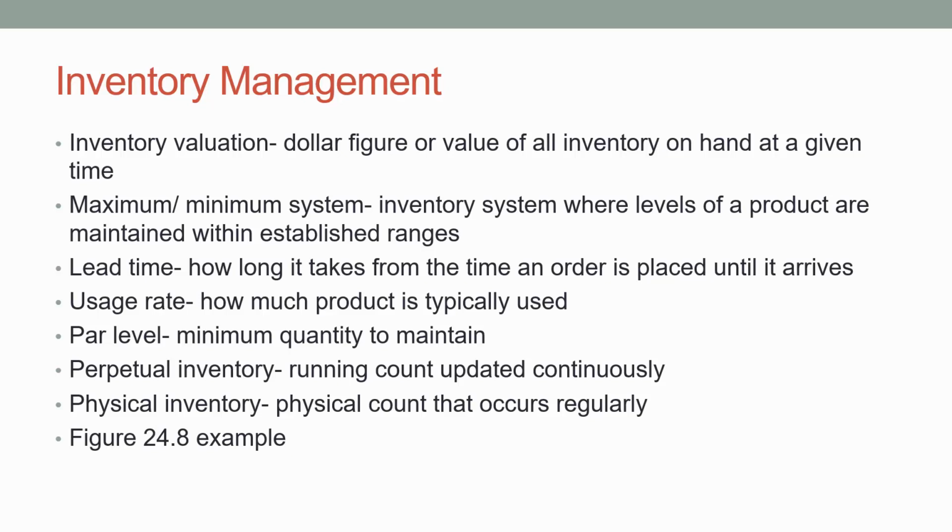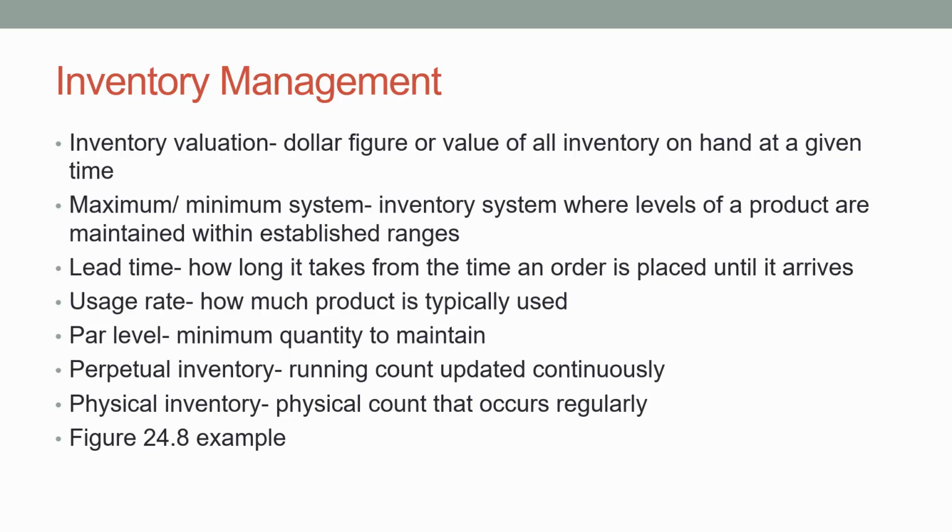So what does that mean? Maybe we need to keep between 5 and 8 cases of this product on hand at all times. So we never want to get more than 8, but we never want to go lower than 5. And that's how we're going to try to use our inventory system. And I'll pull this up on the next page, but figure 24.8 has an example of what that may look like.